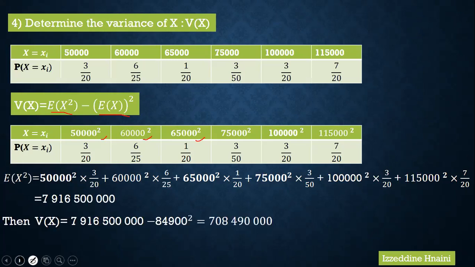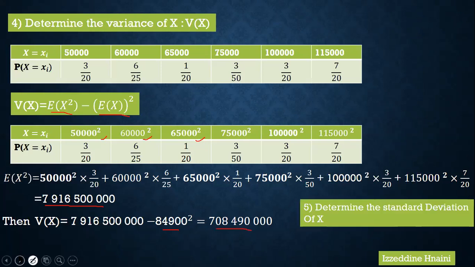Then the variance equals E(X²), which is 7,916,500,000, minus (E(X))², which is 84,900², and we obtain the result. What do we mean by the standard deviation? It is the square root of the variance, which is approximately 26,617.